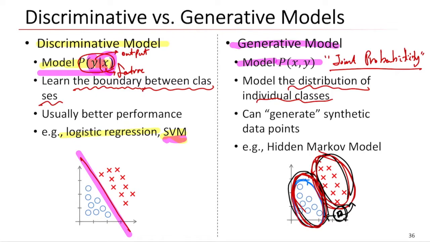But in the generative model, we want to model the distribution of the individual classes, which is the same as modeling the joint probability of the input feature x and output y.